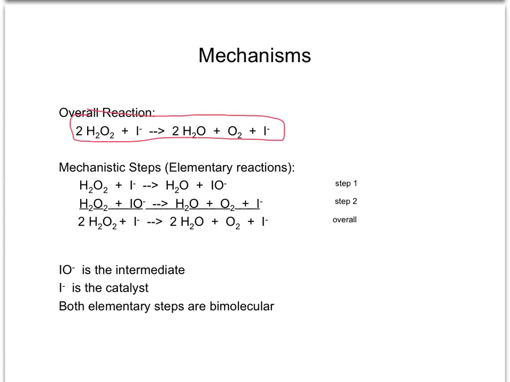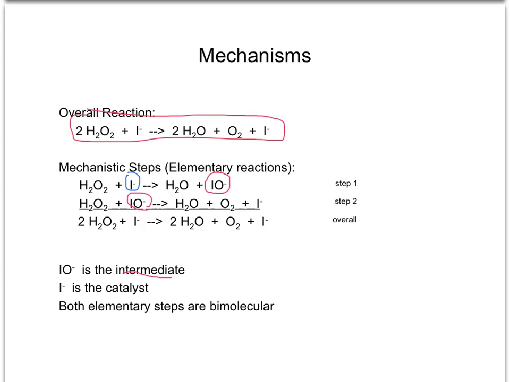So we went over some of this before. We've got the IO minus in this mechanism, which is formed in the first step and then consumed in the second elementary reaction, or second mechanistic step. Therefore, that's going to be the intermediate. On the other hand, we've got iodide, which is present initially.